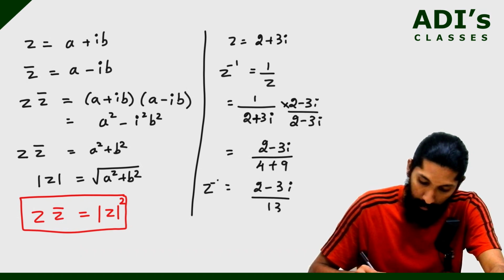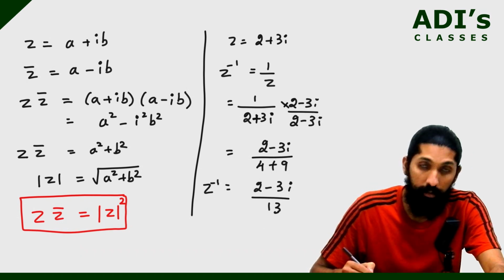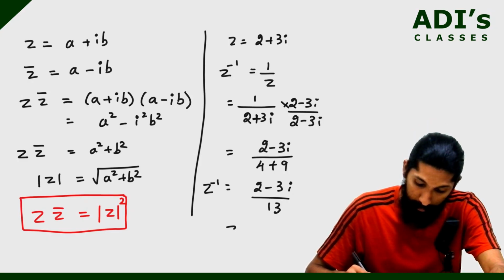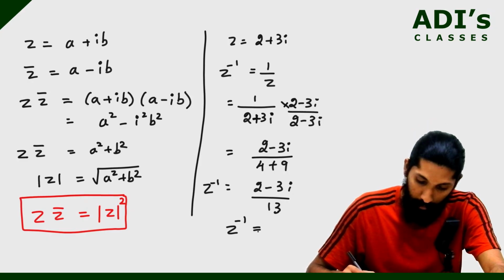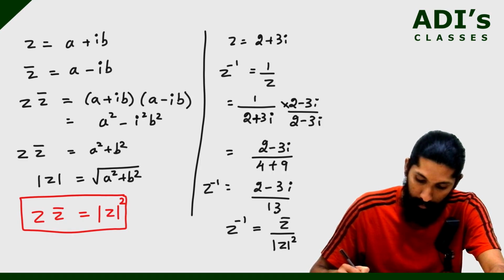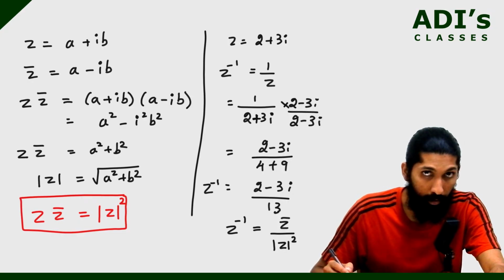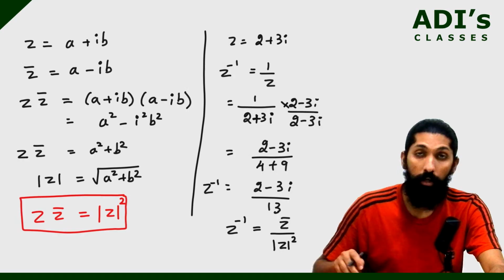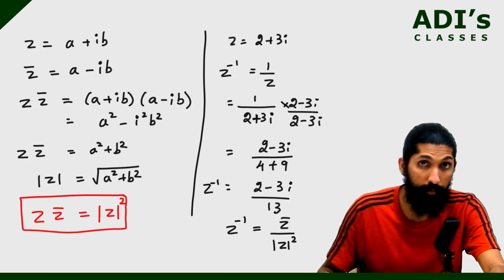So this is z inverse, isn't it? The same formula: z inverse is equal to z bar divided by mod of z whole square. This also you can use as the formula.